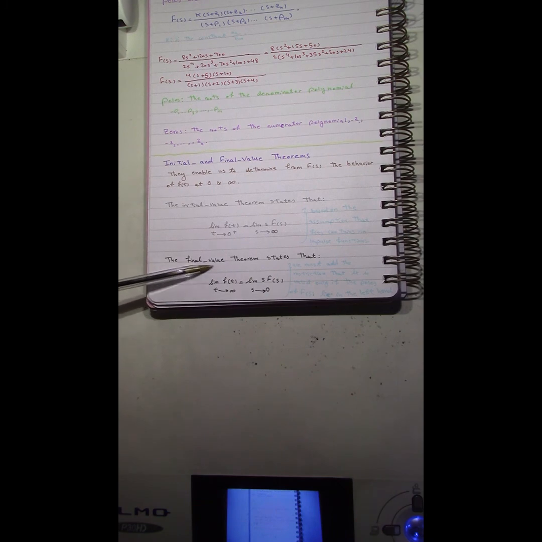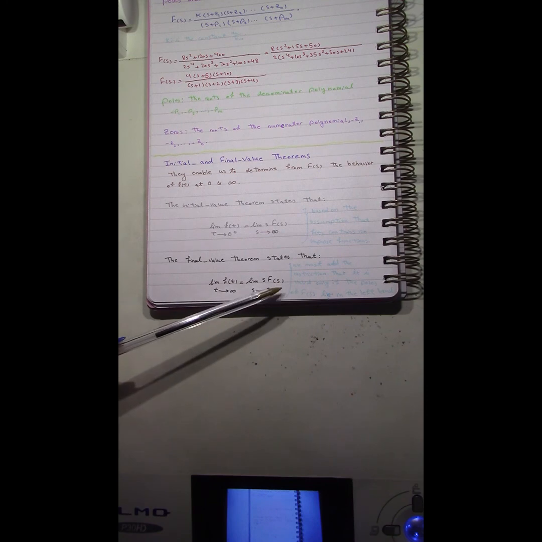And for the final value, the limit of f of t as t approaches infinity is equal to the limit of s times F of s as s approaches 0.